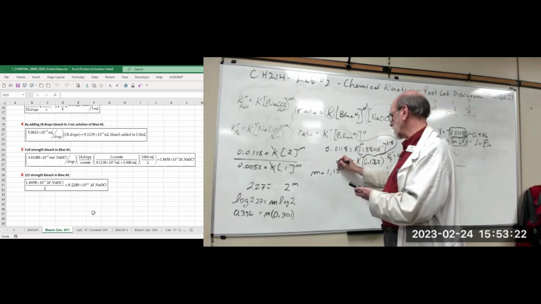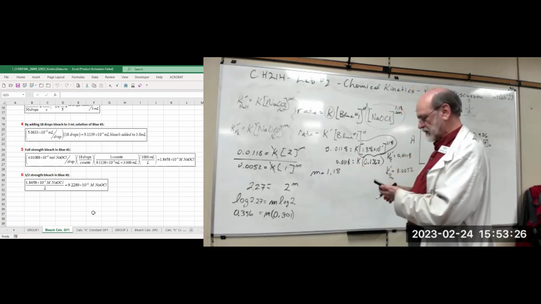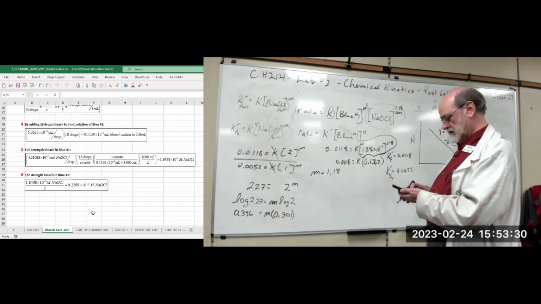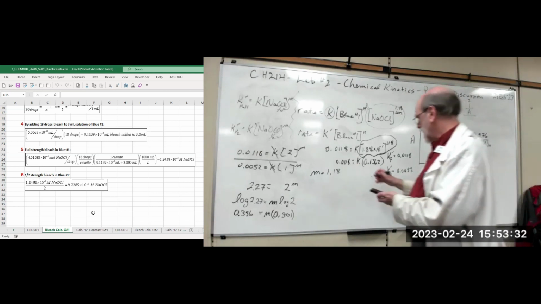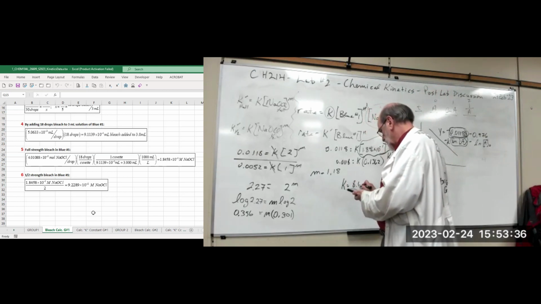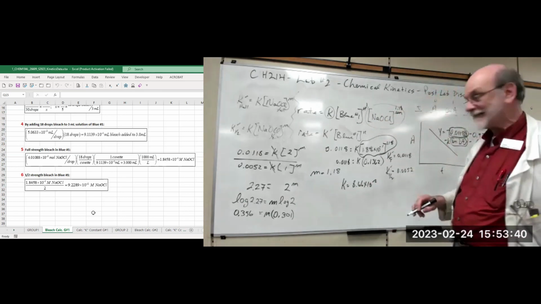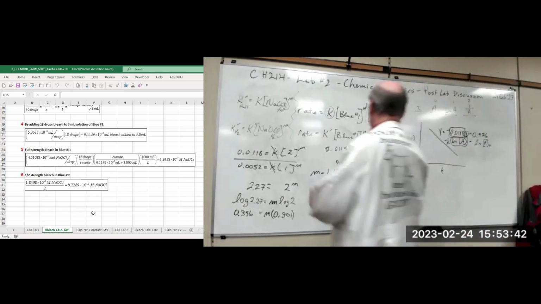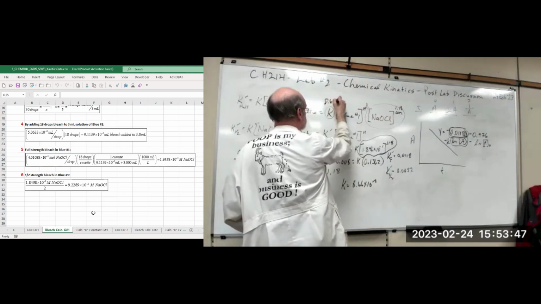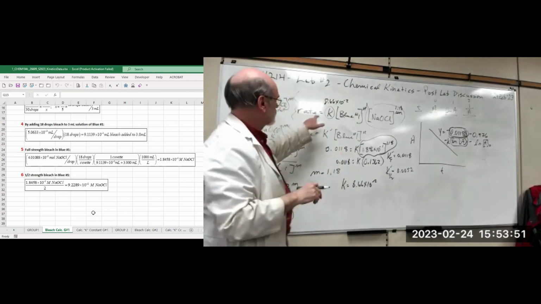K times that equals 0.0118. So now I divide this one by that number. And K equals 8.66 times 10 to the -2. So if I substitute in here for K, 8.66 times 10 to the -2, that's the complete rate law.